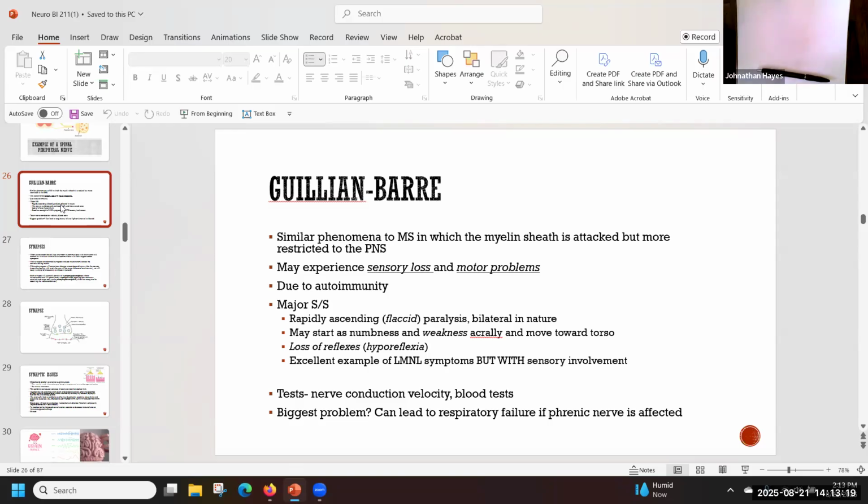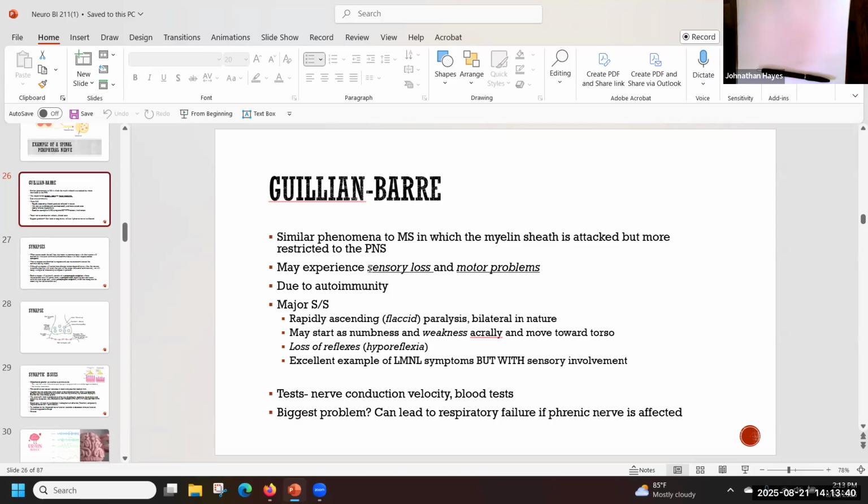And if the signal can't quite get there or doesn't get there with enough amplitude, then we're not going to get the effects that we're looking for. So with Guillain-Barré, rather than taking place in the cerebellum and the upper cord, we tend to see things along the periphery. So Guillain-Barré, similar phenomenon to MS, in which myelin sheath is attacked, but more restricted to the PNS.